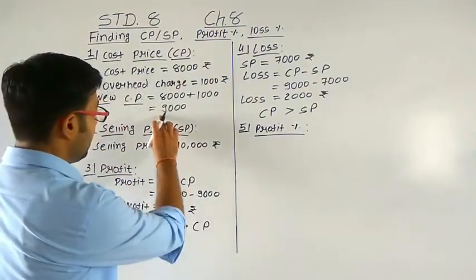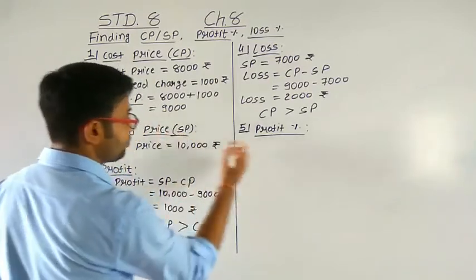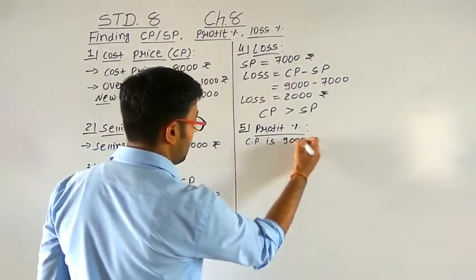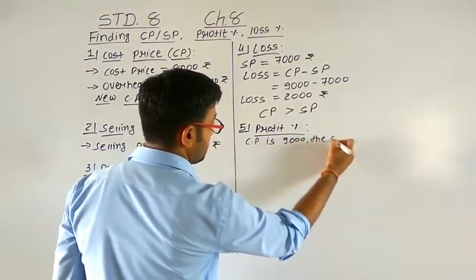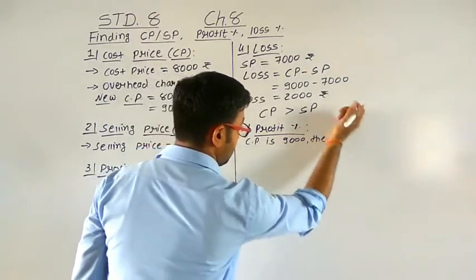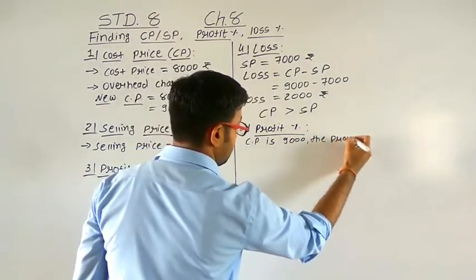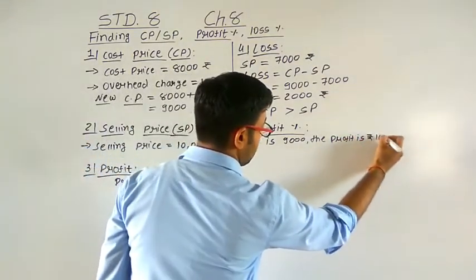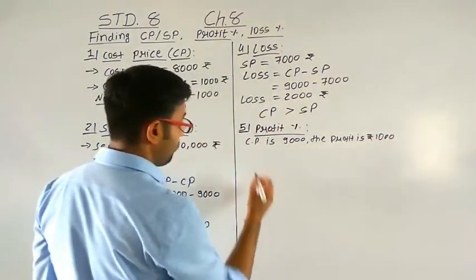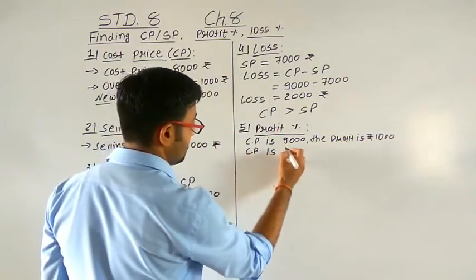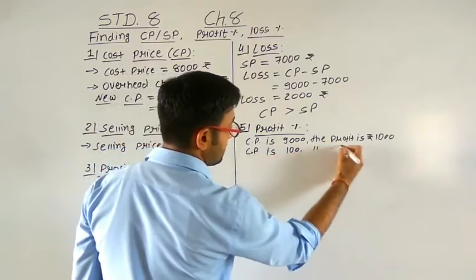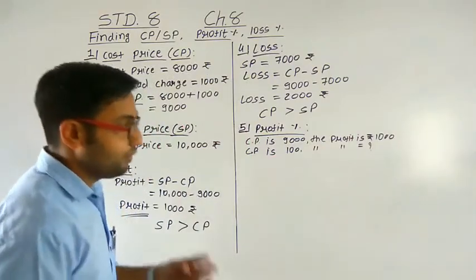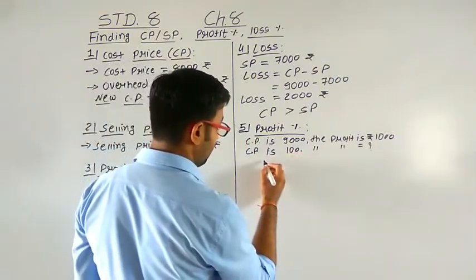When the cost price is 9000, the profit is rupees 1000. So when the cost price is 100, what is the profit that we have to find out? We are finding this using the unitary method. So let us see how we can find it.